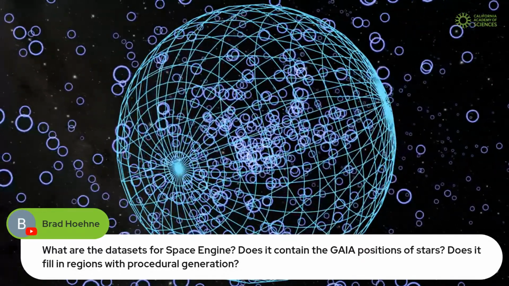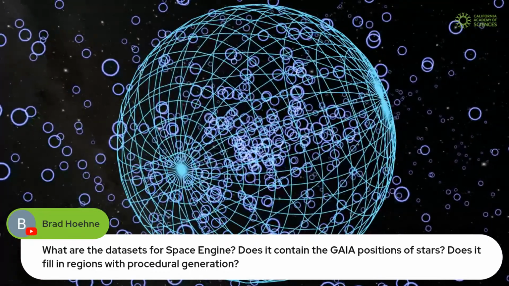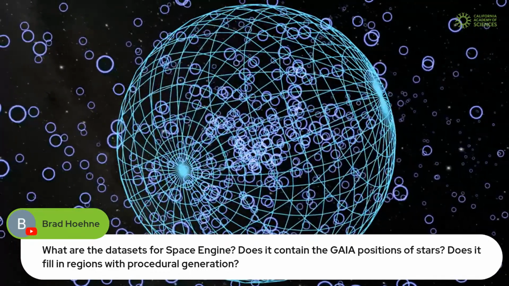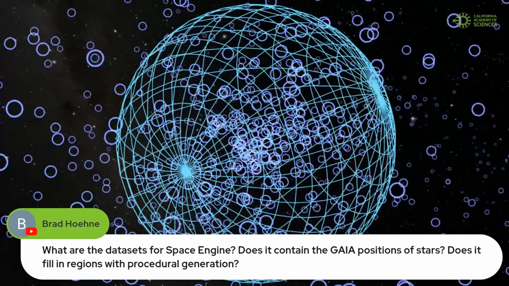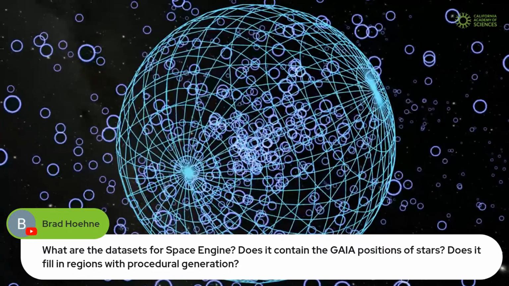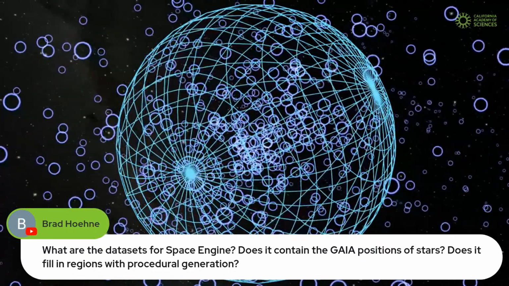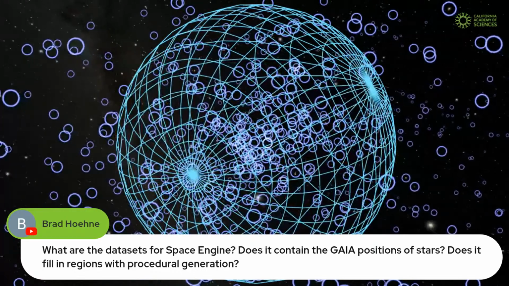So someone asked questions about the data sets for the OpenSpace software that we're using. We do have Gaia data, which is this amazing survey of literally almost 2 billion stars in our Milky Way galaxy. It's an incredible data collection that is in OpenSpace.